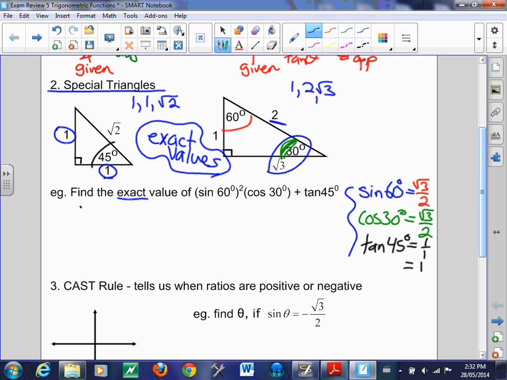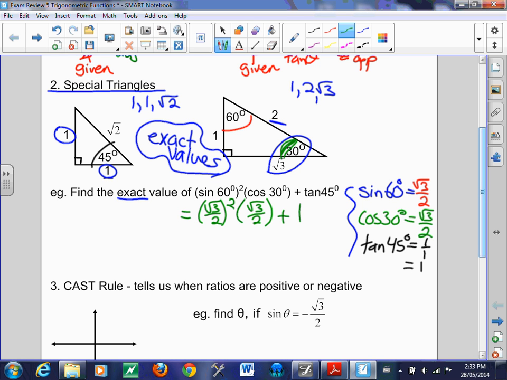So if I have my question, you can just write it below here, guys. What we're going to do is substitute in our values. So that's going to equal root 3 over 2, and you have to square it, times root 3 over 2 plus 1.